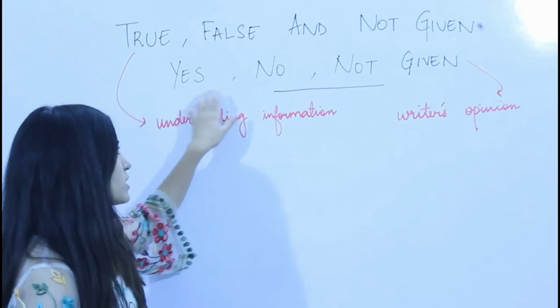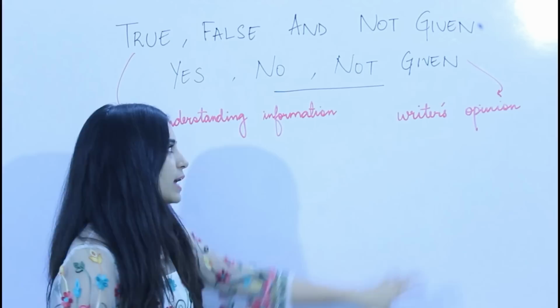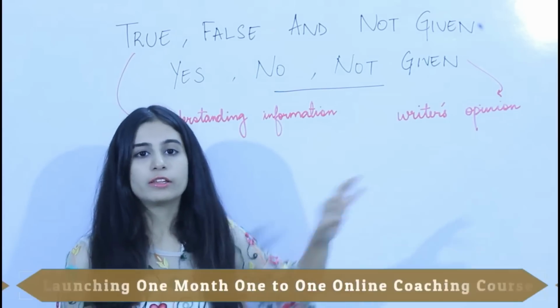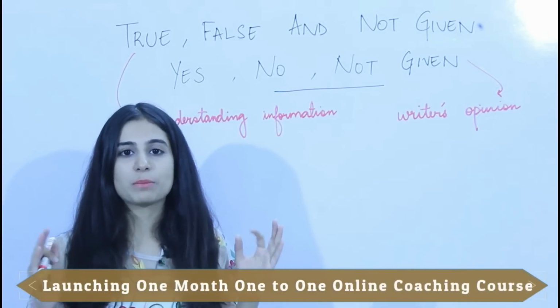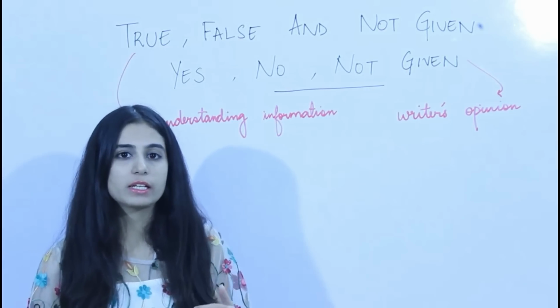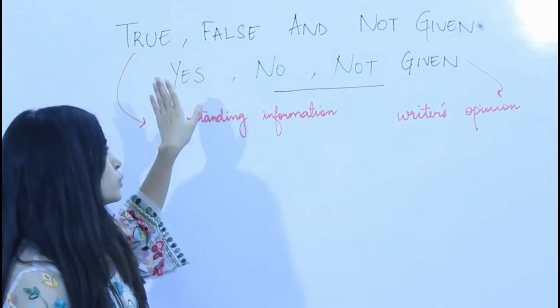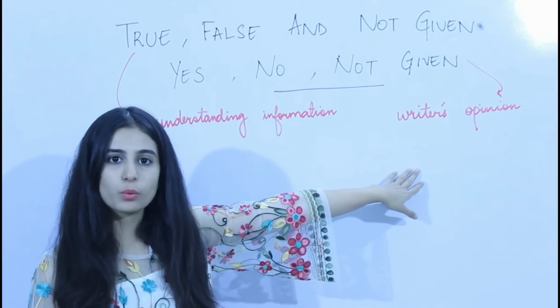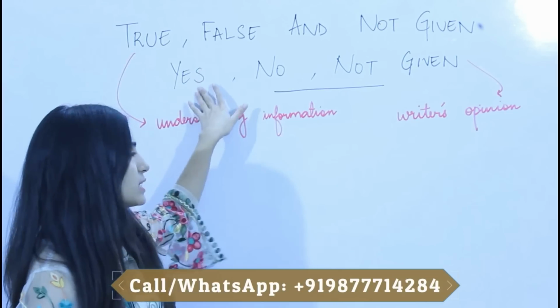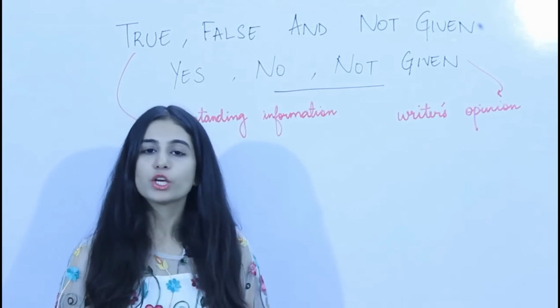Whereas in case of yes, no, not given kind of questions, you have to understand the writer's opinion. Whatever the writer has mentioned in the passage, you have to scrutinize that and understand what the writer's opinion is and then tell whether you think that this is the writer's opinion. If it is, then you write yes. If it is not, then you say no, and if it is not mentioned in the passage, you say not given.